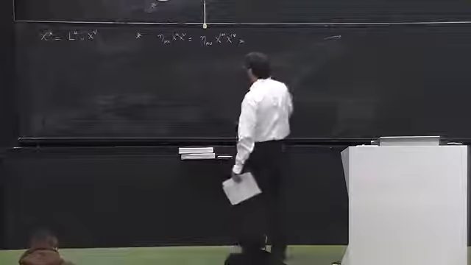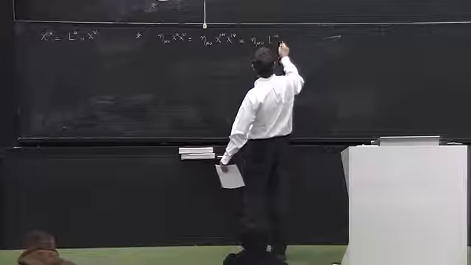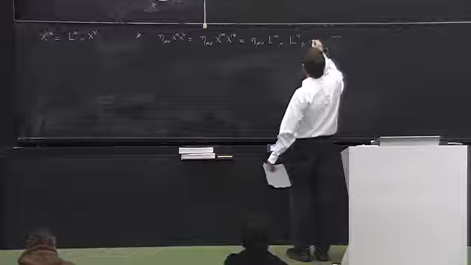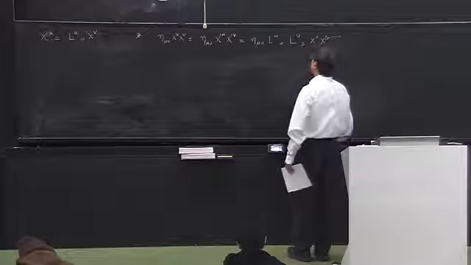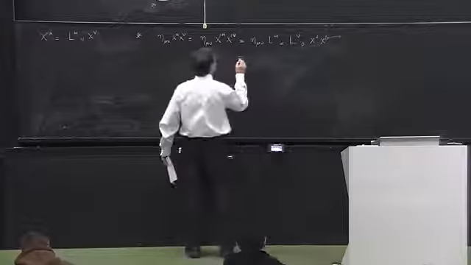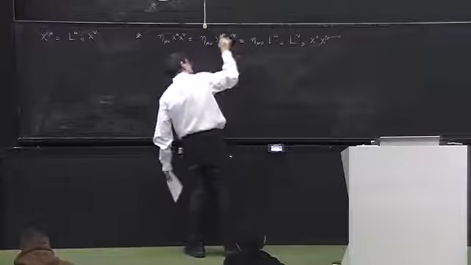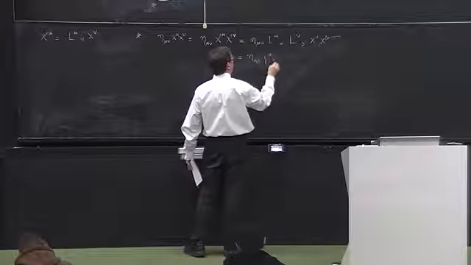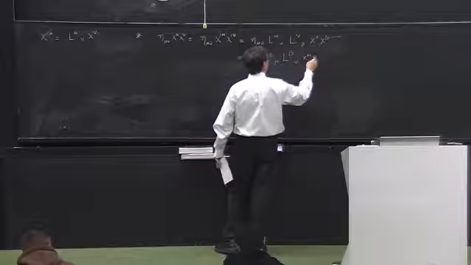So using that formula, it's eta mu nu L mu alpha L nu beta x alpha x beta. I used it twice. And then I relabel indices, calling mu and nu alpha and beta, and alpha and beta mu and nu, in order to make this match. So you have eta alpha beta L alpha mu L beta nu x mu x nu.